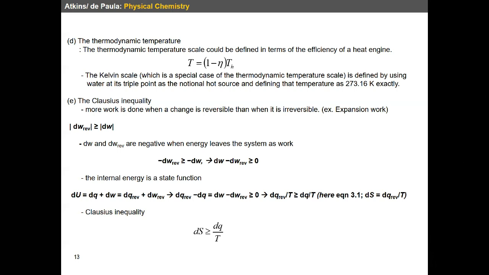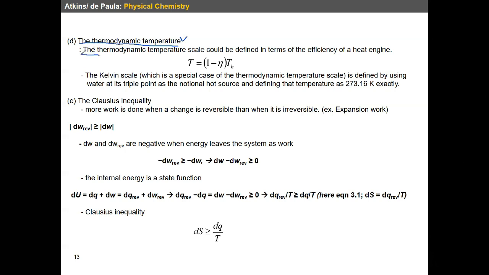So first, there is the thermodynamic temperature. This is one of the concepts related to the entropy system. So what is the thermodynamic temperature?